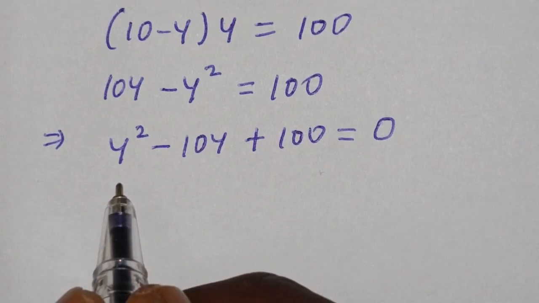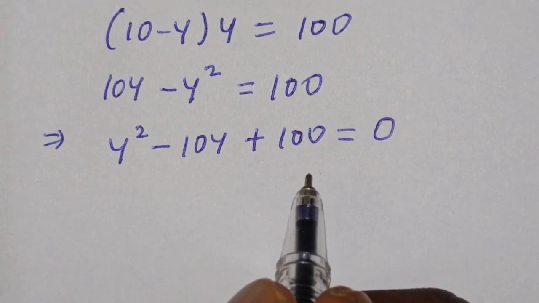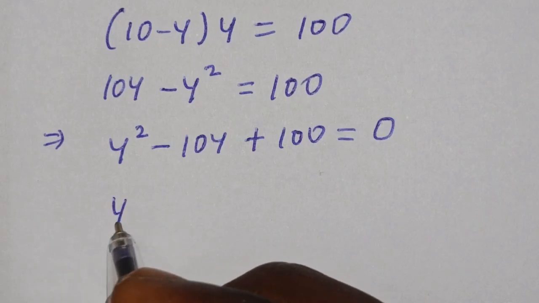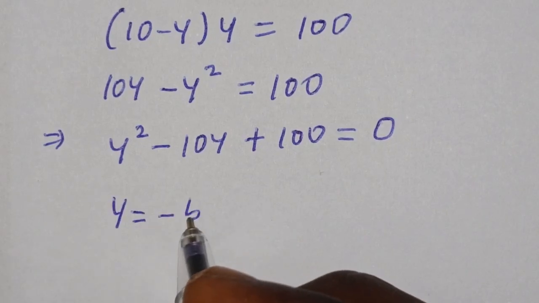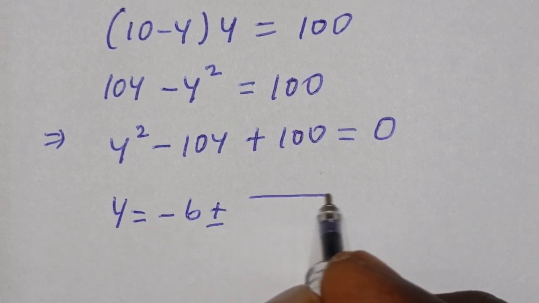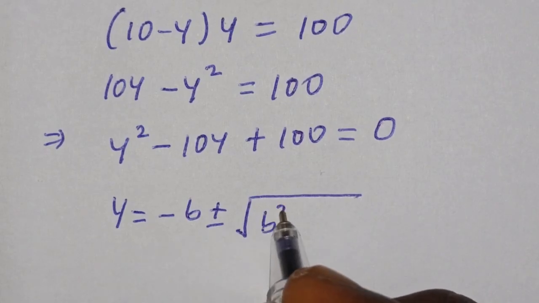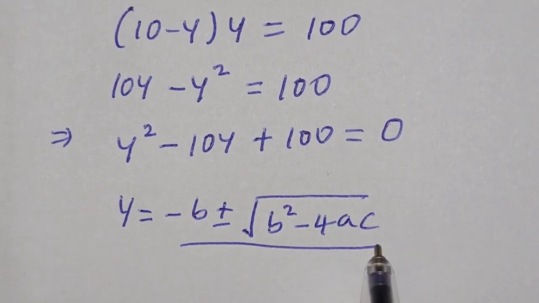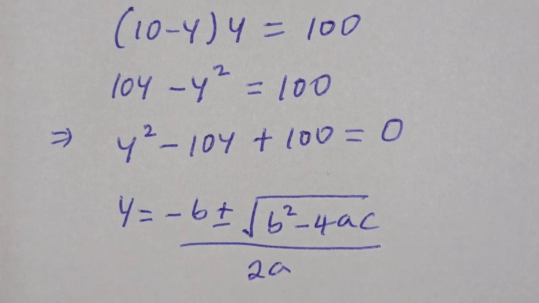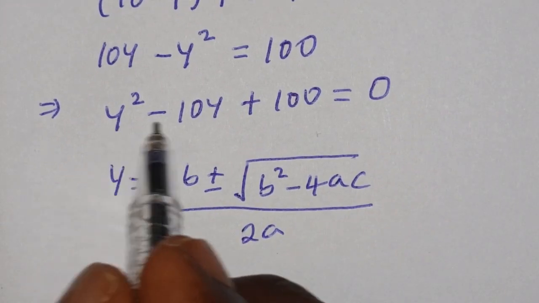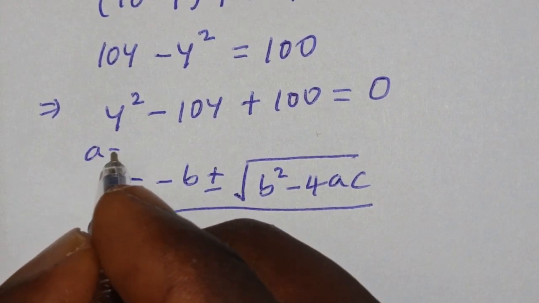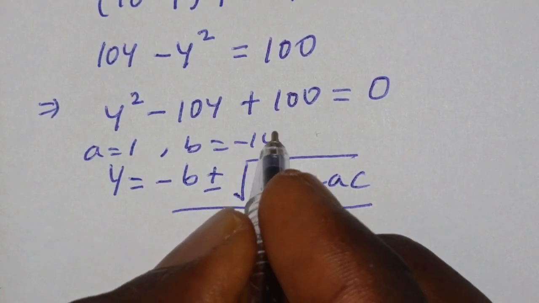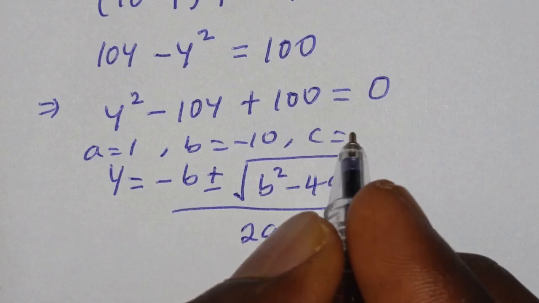You will see that this is a quadratic equation and we can solve it using the quadratic formula, which is y equal to minus b plus or minus square root of b square minus 4ac, divided by 2a. From this equation, a is equal to 1, b is equal to minus 10, c is equal to 100.